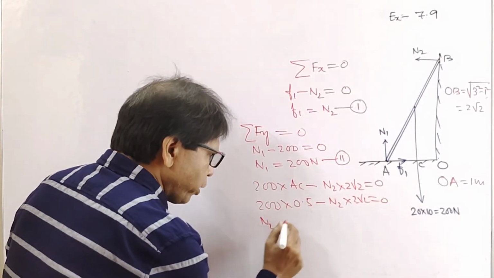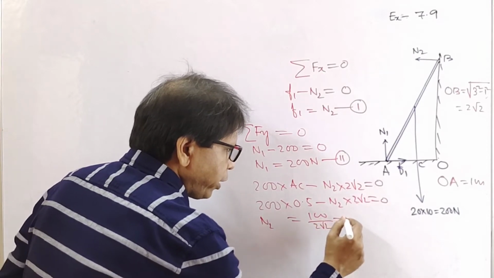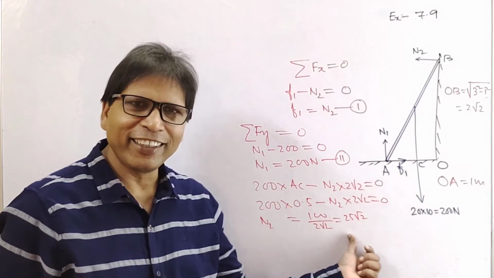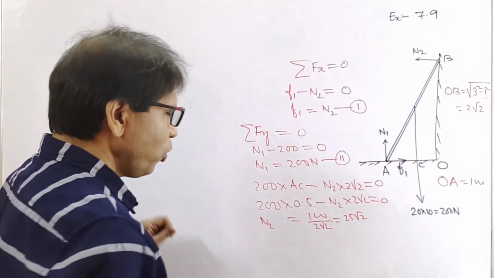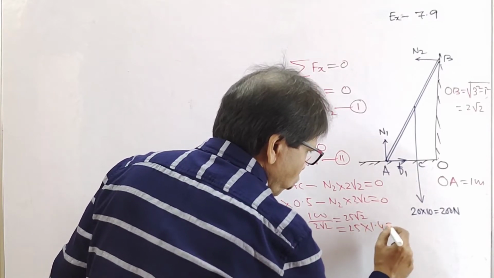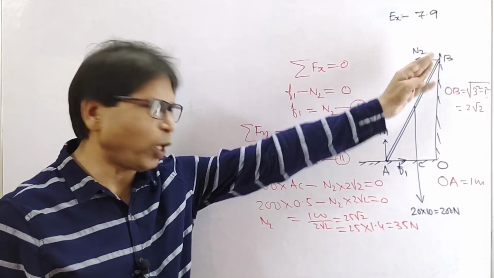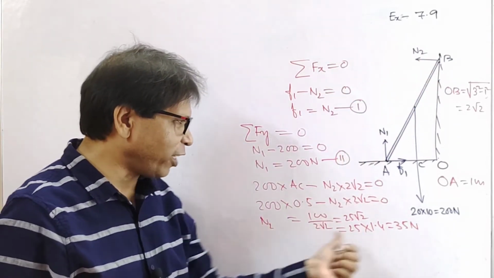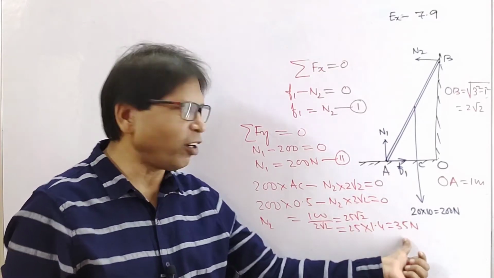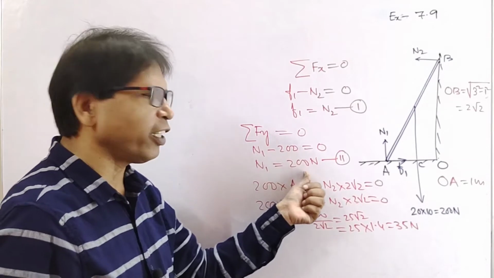Therefore N2 equals 100 divided by 2 root 2, that is 25 root 2. Okay, understood? Therefore 25 into 1.4, so this is 35 Newton. So the normal reaction of the wall, N2, equals 35 Newton. Force of friction is also 35 Newton, and the normal reaction of the ground, N1, is 200 Newton.